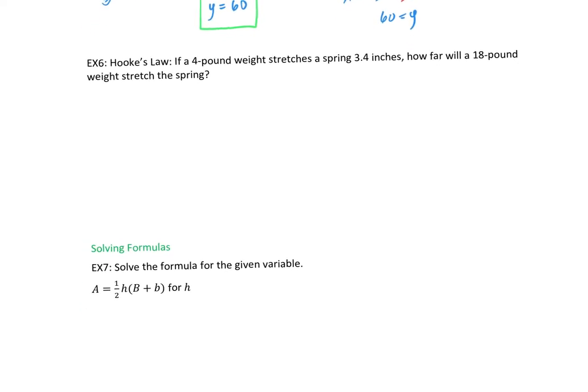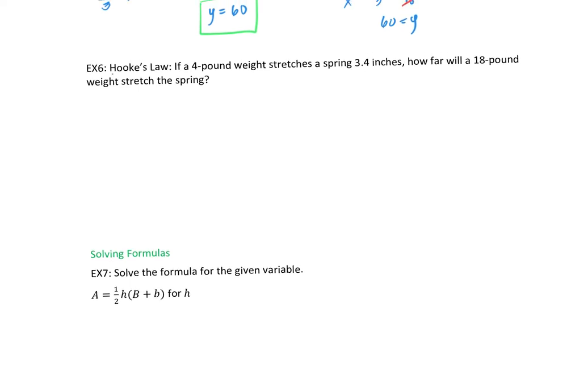Sometimes you'll be given problems in the textbook where they don't tell you it's a direct variation, but you're still comparing quantities and you're given the first set of quantities and then you have to find some value. So for example, Hooke's law. Hooke's law is a common direct variation problem from physics.